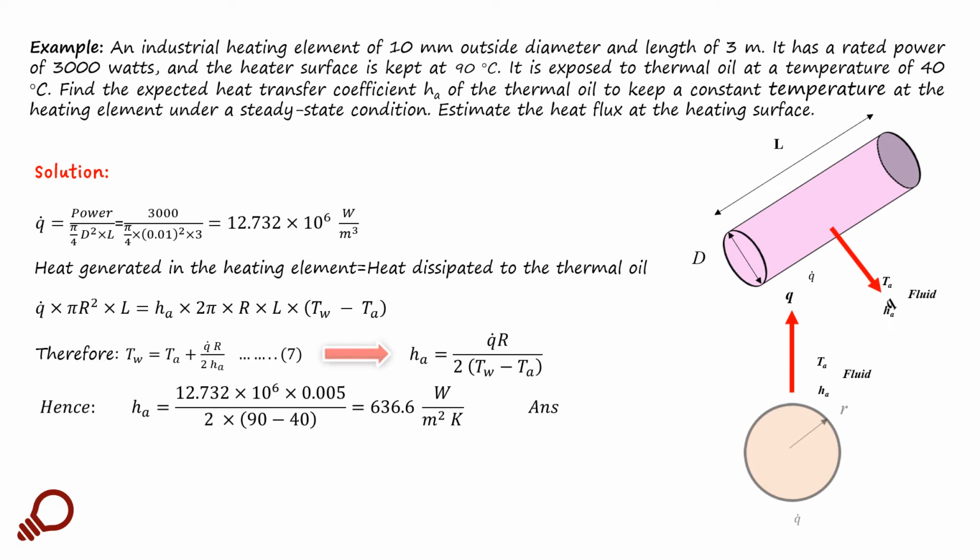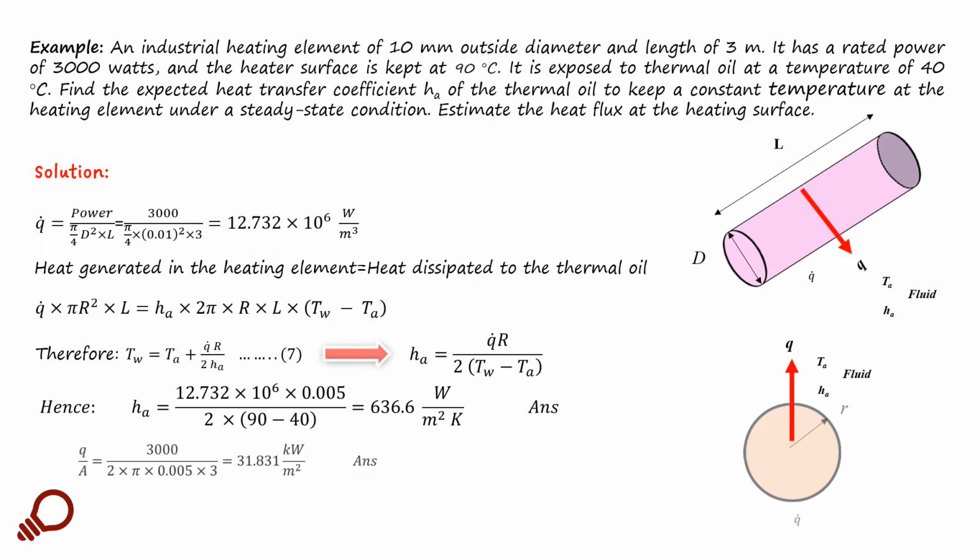So we may substitute all these values, and we should pay attention to unifying the units. Everything should be consistent. Then we will get h sub A equal to 636.6 watt per square meter Kelvin. This is the first requirement, or the first attempt to solve this problem. Then we have found the heat transfer coefficient.